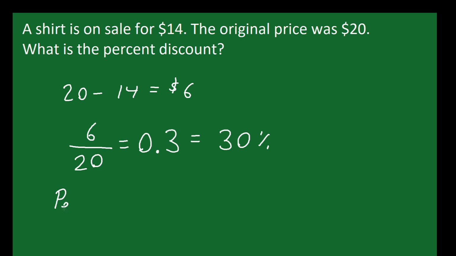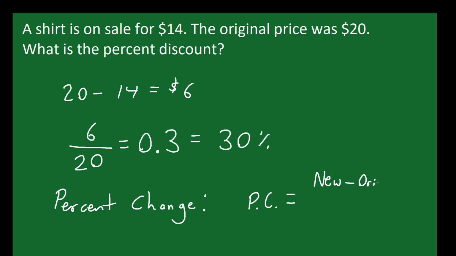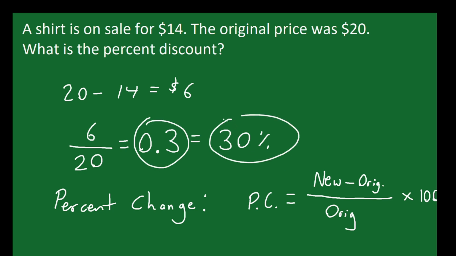So whenever we talk about percent change, you can always say that percent change, I'll call that PC, percent change, is equal to the new value of something minus the original value of something divided by the original value of something multiplied by 100. Multiplying by 100 because when you get that answer, you multiply by 100 to get the percent.